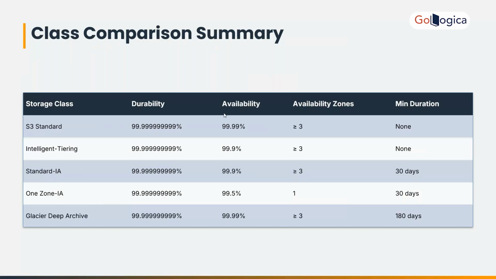That is to do with your downtime. Now, when we say 99.99% availability, that means whenever we try to access our object, it will be available 99.99% of the time.